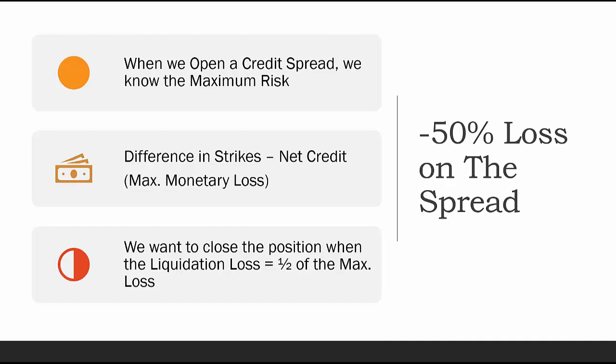The maximum monetary loss is the difference in the strike prices minus the net credit that you received, times the number of contracts times 100, of course. We look to close the position when the liquidation loss of closing both legs equals half, 50% of the maximum loss we could realize on the credit spread position.